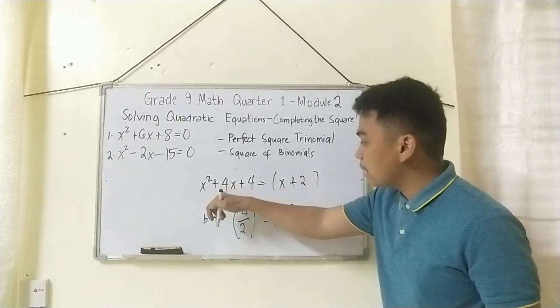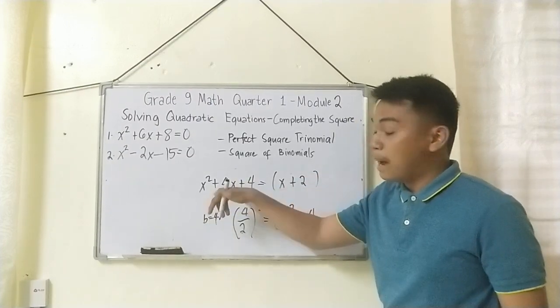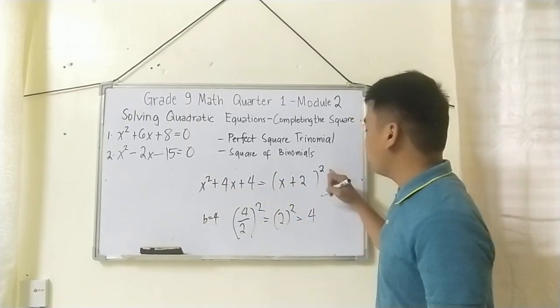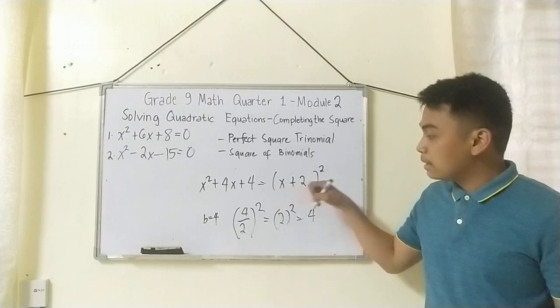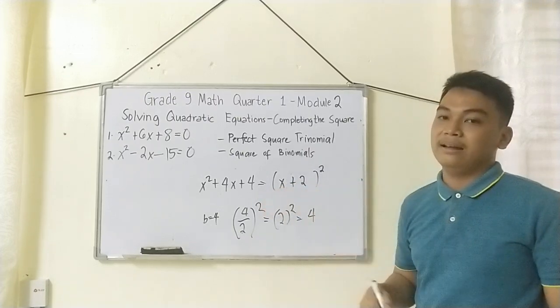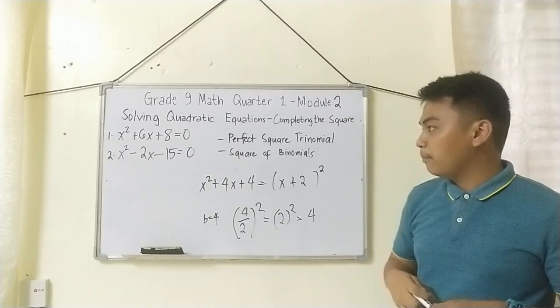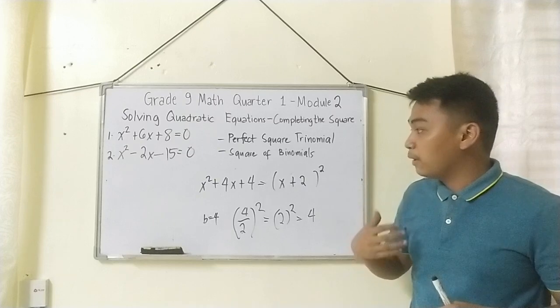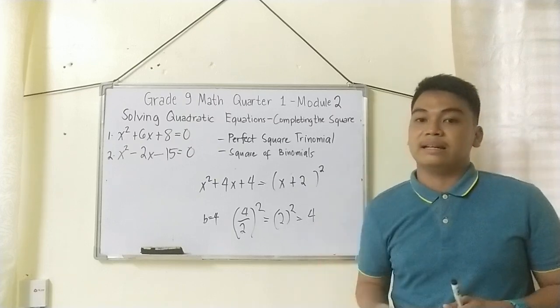Why positive? Because our b is positive, so we put positive here. Then we put the square. So, (x + 2) quantity squared. That is what was given earlier. So that is what we do to transform the perfect square trinomial into square of binomials and vice versa.